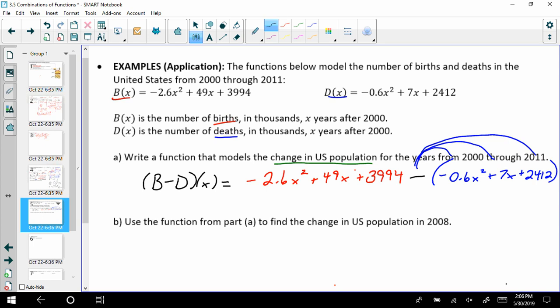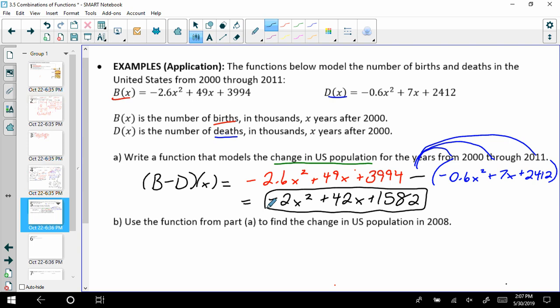So if I do that and I combine my like terms, I would have negative 2.6x squared plus 0.6x squared, 49x minus 7x, and 3,994 minus 2,412. So that function would give me the change right away instead of having to use two different functions.